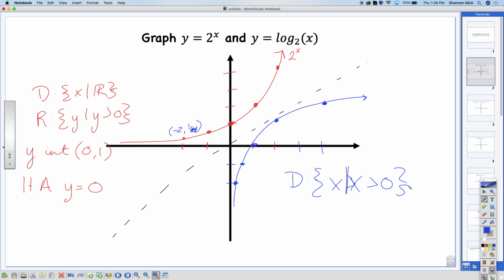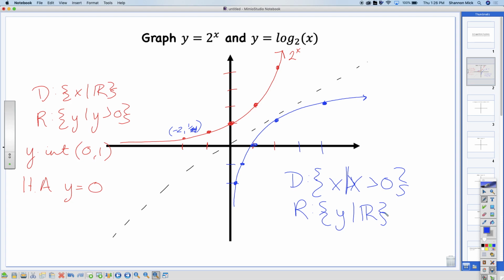Can I plug negative numbers in here? No, we've talked about that already. My range is going to be all real numbers.